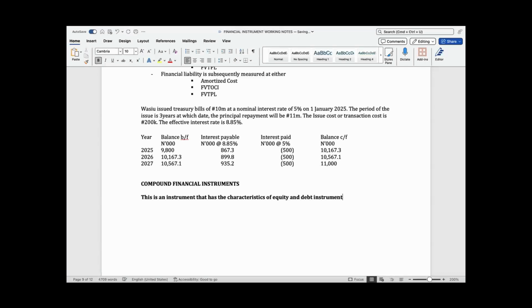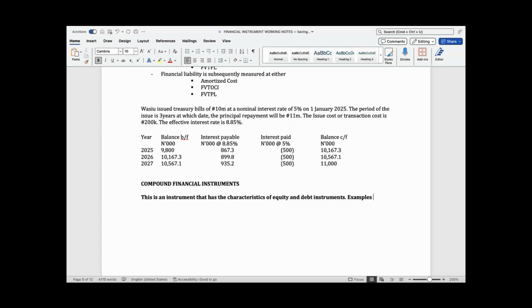It has the characteristics of the two of them. So imagine you want to raise money. You now raise using an instrument, and this instrument has the characteristics of both equity and debt.